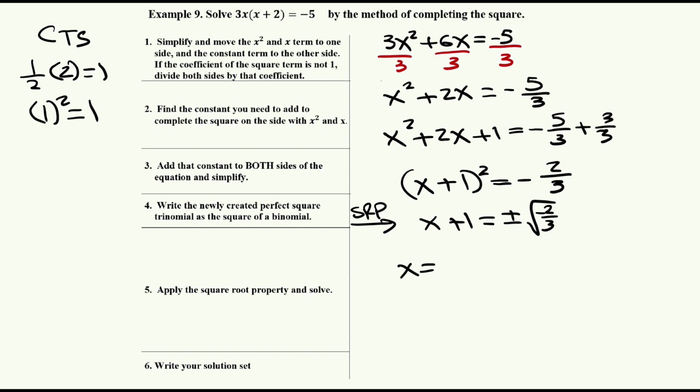So we get x equals -1 plus or minus. Let's go ahead and break that up as square root of 2 over square root of 3, and we'll get a square root of -1 on the top as well.